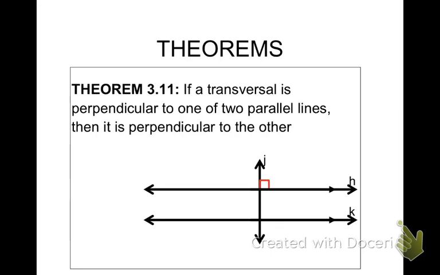Two lines are not congruent, the two lines are parallel. What type of angles are these? Consecutive. No, they're corresponding. So if lines are parallel, then corresponding angles are congruent, right? So that makes this 90 degrees, which makes that 90 degrees, that 90 degrees, that 90 degrees, which makes J also perpendicular to K, right? Okay.